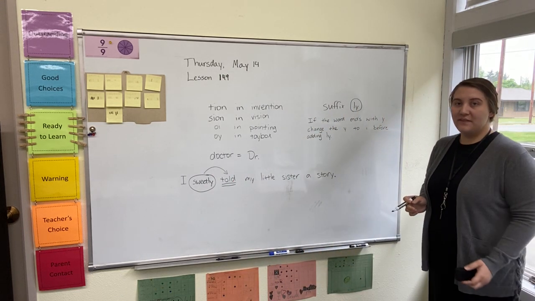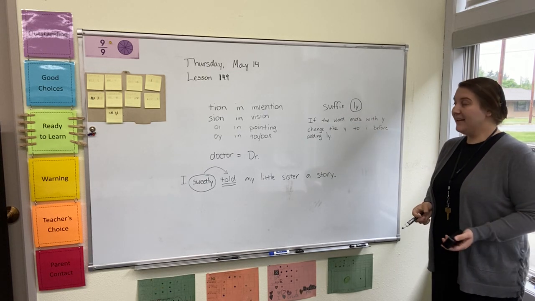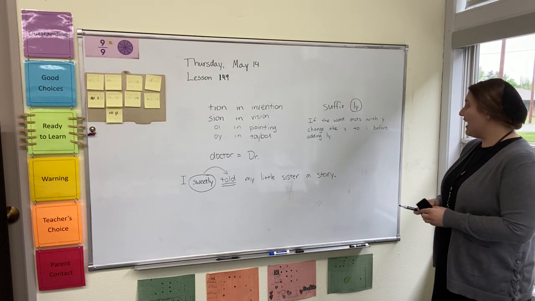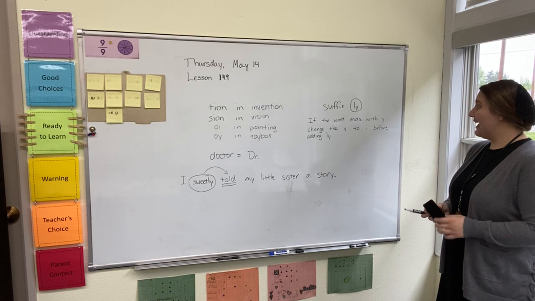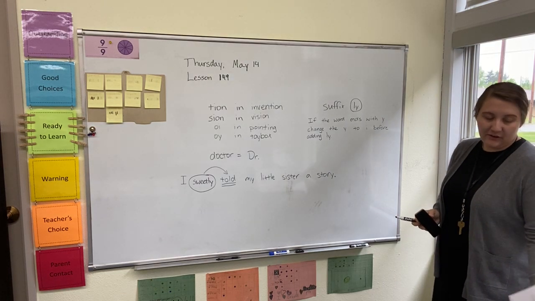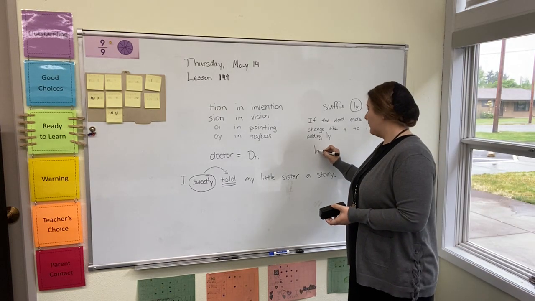One more thing to review, and then we'll get started. We are going to talk about the suffix ly. If the word ends with y, change the y to I before adding ly. So let's say the word is happy. Let's write it down.